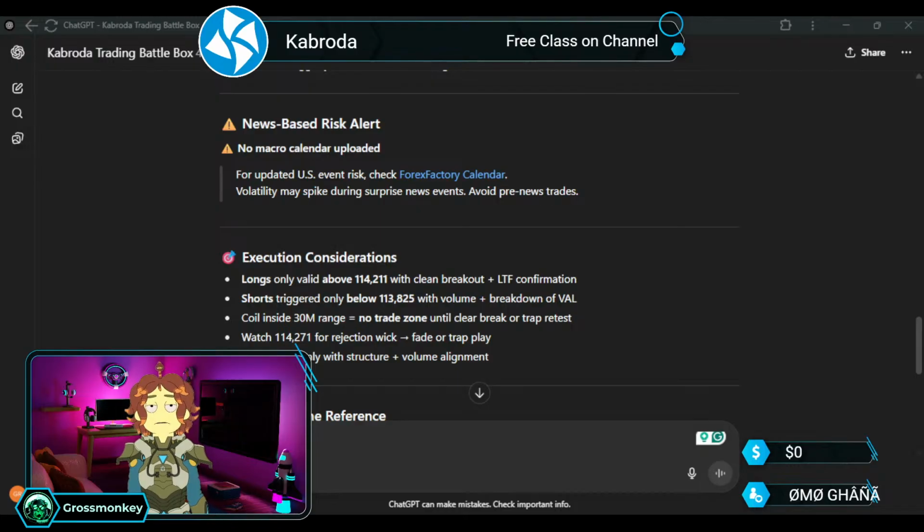No calendar uploaded, so let's see if there's any news real fast. So for the 6th, we actually have no real news. We have a small impact trade balance update on here, but that's about it.